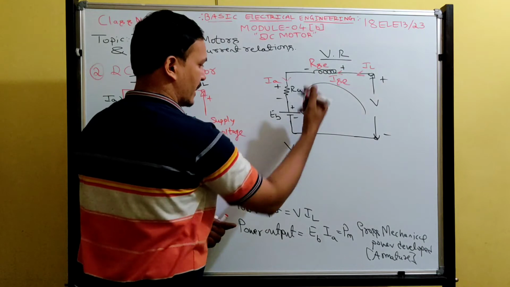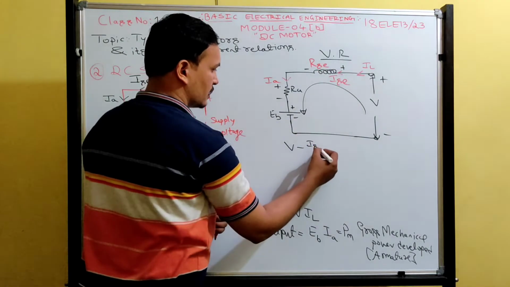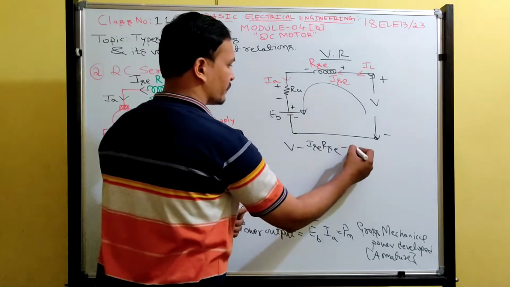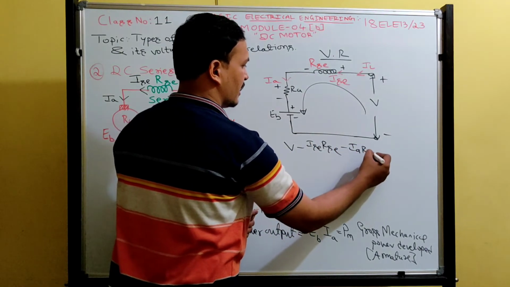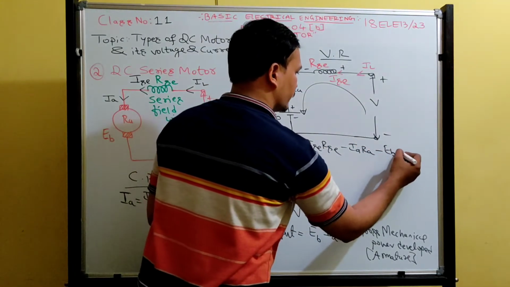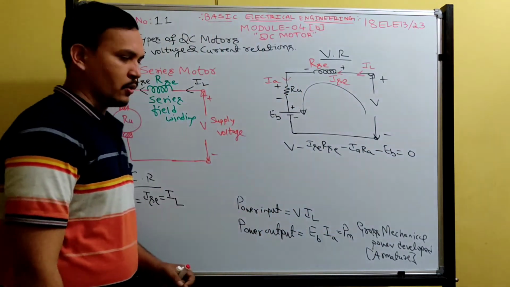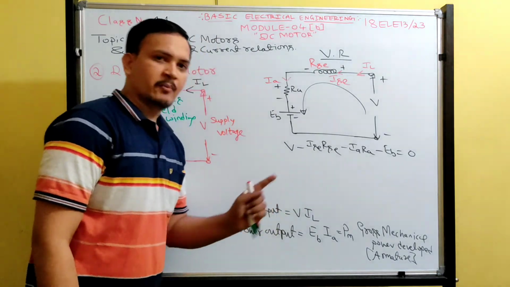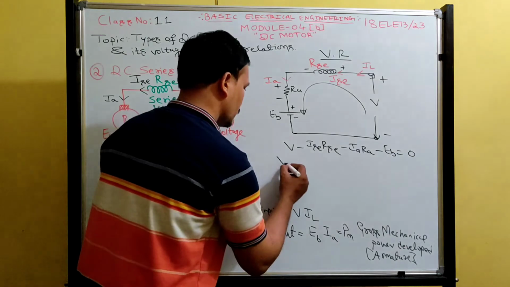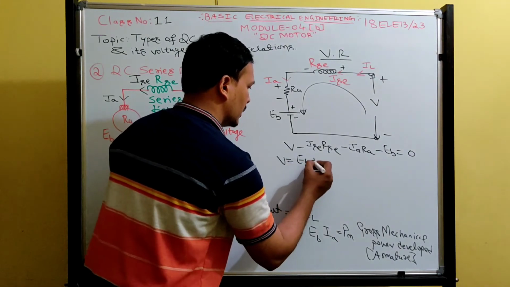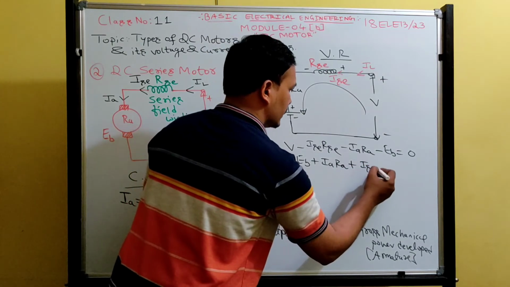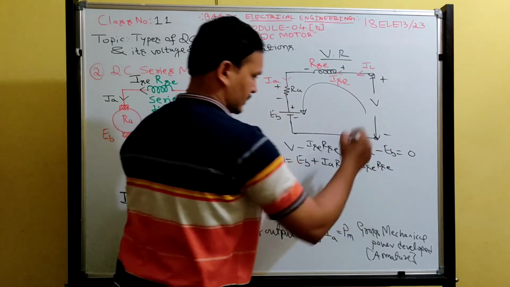V is a rise; plus to minus is a drop: minus ISE RSE, minus IA RA, minus EB is equal to 0. Now I am taking all the negative terms to the positive side. So V is equal to EB plus IA RA plus ISE into RSE.